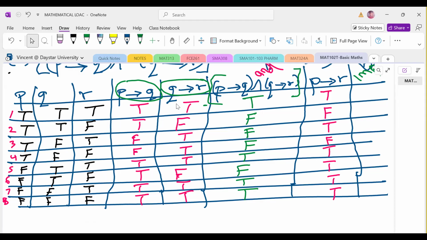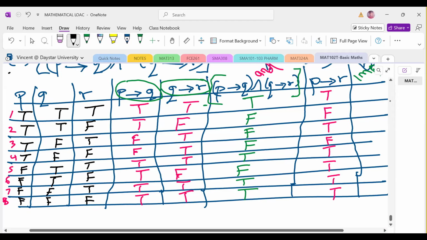The arrow is moving from the values I've written in green to this last pink column. Line 1, 5, 7 and 8, okay?